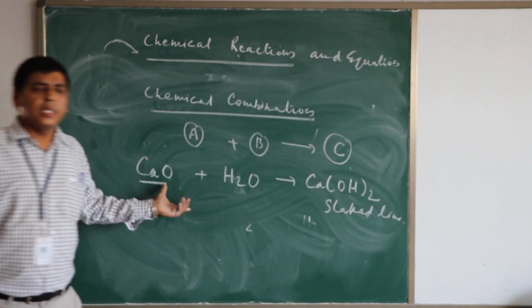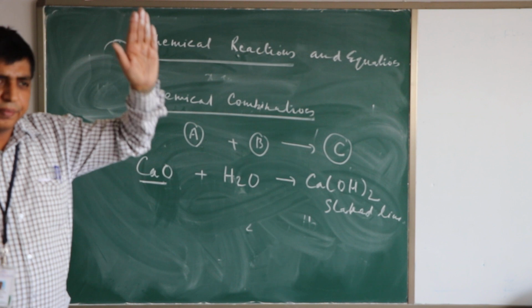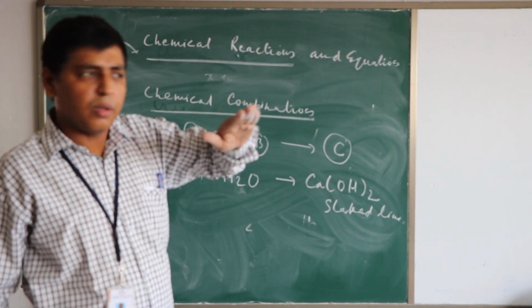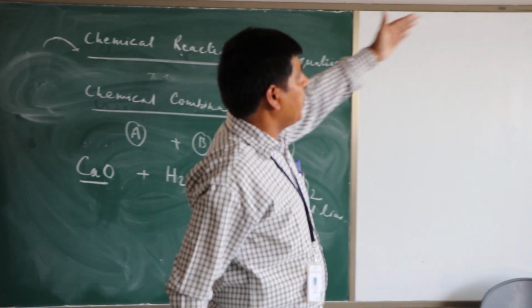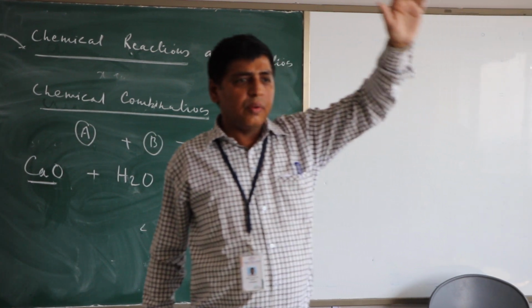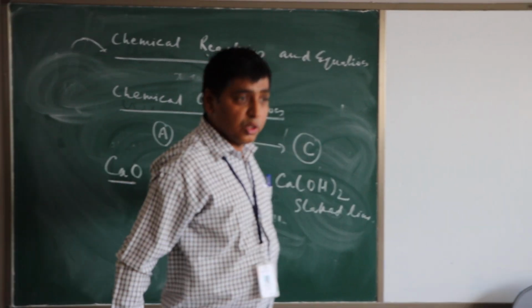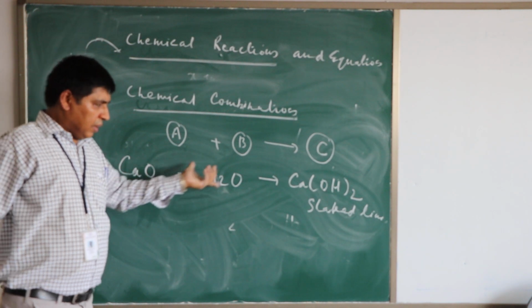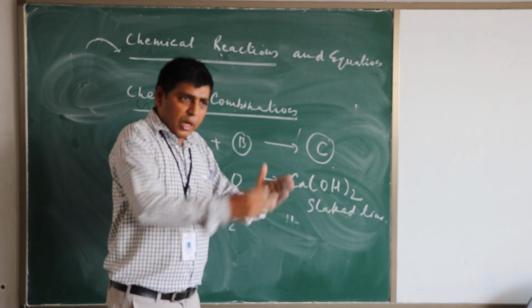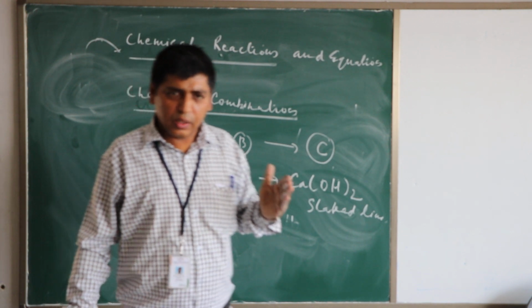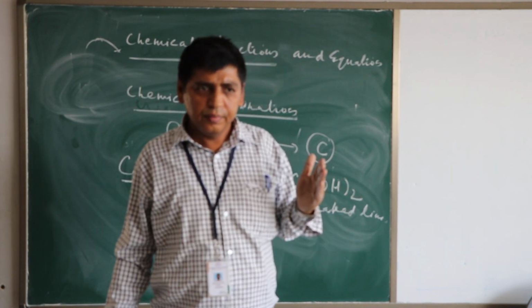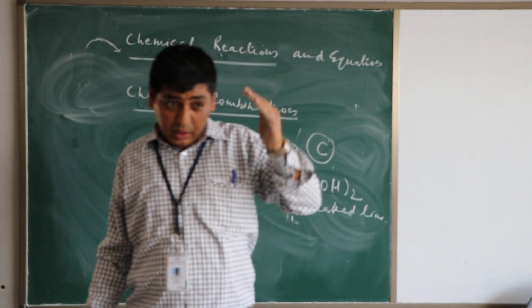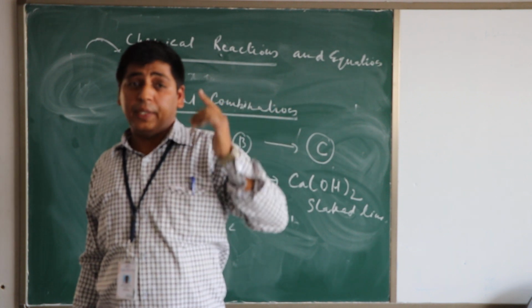This reaction is used for whitewashing. After construction of a building, before applying different colors, we put chuna, which you have heard of. When you put water, they combine together and calcium hydroxide is formed. That is used for whitewashing.